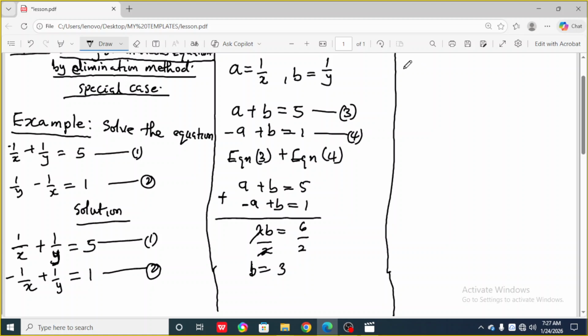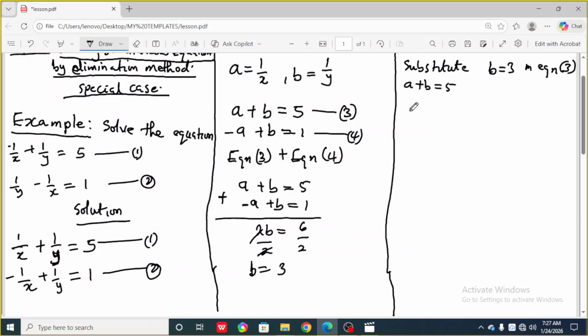So I will substitute b equal to 3 in equation 3. Let's use equation 3. Equation 3 is a plus b equal to 5.